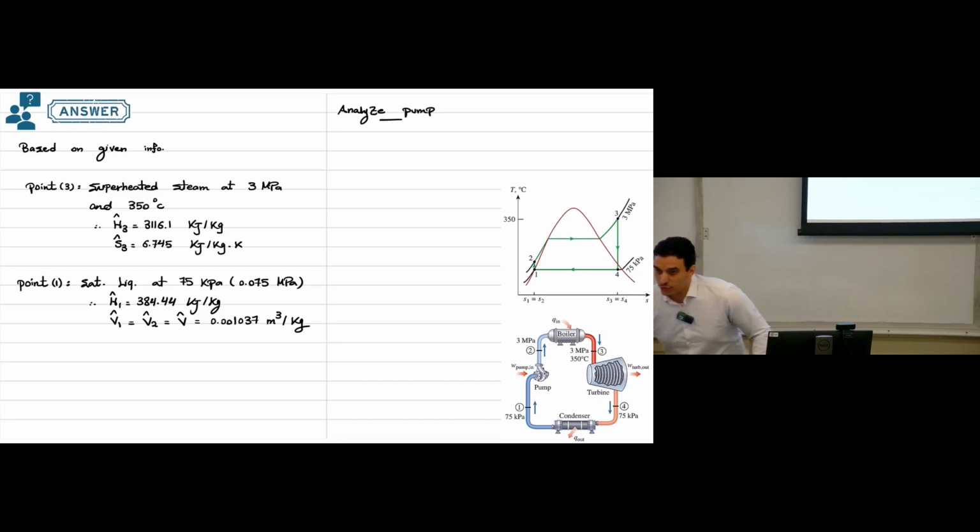So what we have for the pump, if you remember, is the inlet work, which is H2 minus H1, equal to the specific volume times P2 minus P1. H2, I have no idea what it is, but H1, I know this value, which is 384.44.